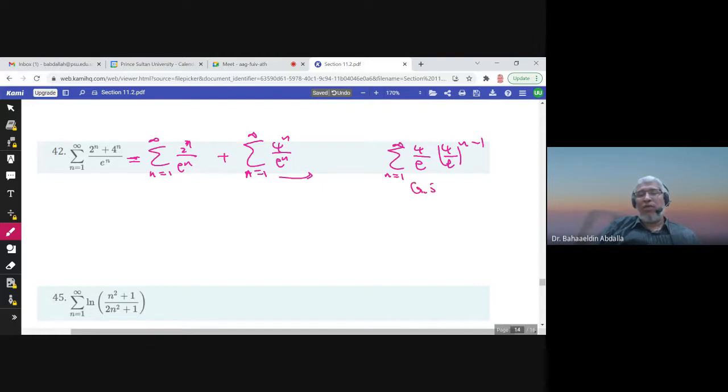And this is a geometric series with a equals 4 over e and r equals 4 over e. And 4 over e is greater than 1, so it is divergent. So this series is a sum of a convergent and a divergent series, so this series is divergent.